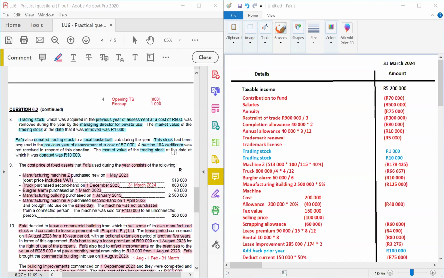So that's why we will also recoup it at the 10,000 market value, because the stock was bought in the prior year and 7,000 would have been deducted. Also in the opening stock, we would have deducted the 7,000. So recoupment means that it is positive, right? Did I answer your question?